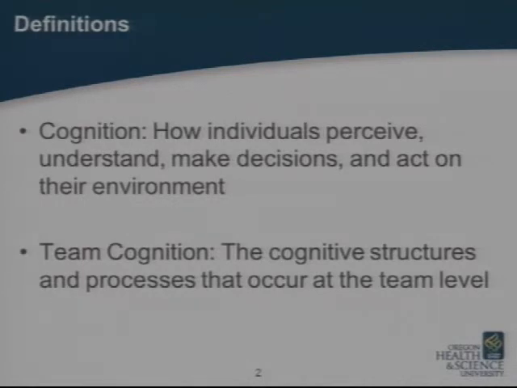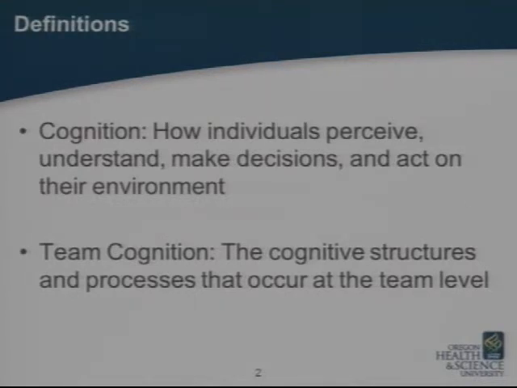So one of the things I would like to just define up front is what do I mean by cognition and team cognition? Cognition refers to an individual's capacity to perceive, understand, make decisions, and act upon their environment. Team cognition refers to the cognitive activities that occur at the team level.